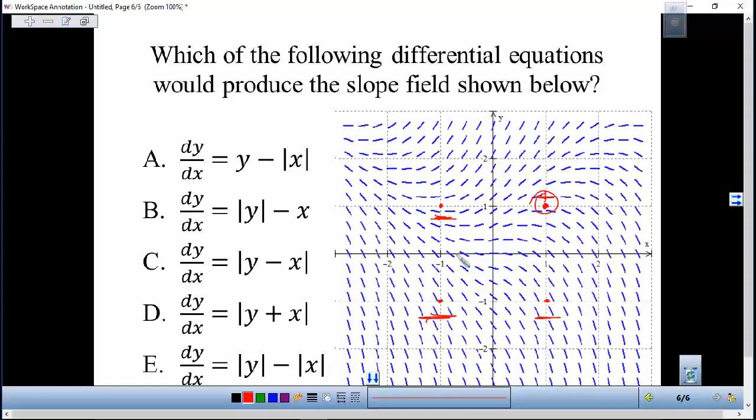Now, if that does not eliminate all but one, then you can go back and do some other things. Like you could plug in the point right here, and what do we notice? That should be negative. You could plug in 0, 0. That should be negative, or that should be 0, or real close to it anyway. And you could plug in points all over the place, like negative 2, 0, or 2, and things like that.